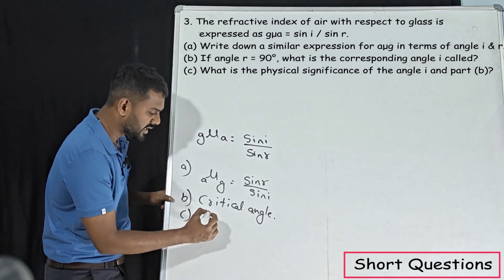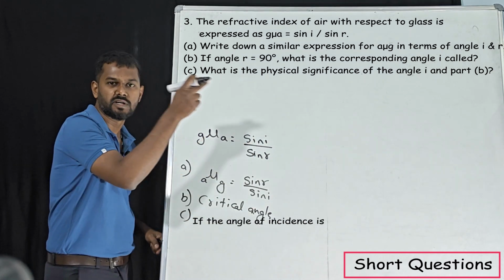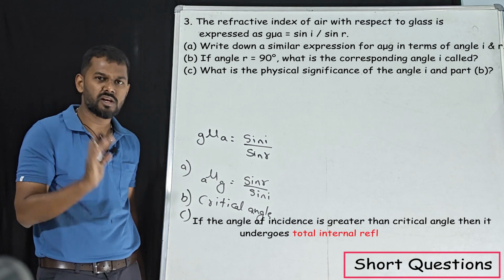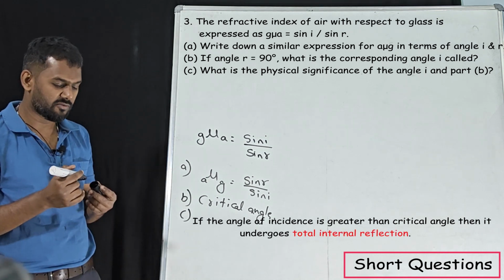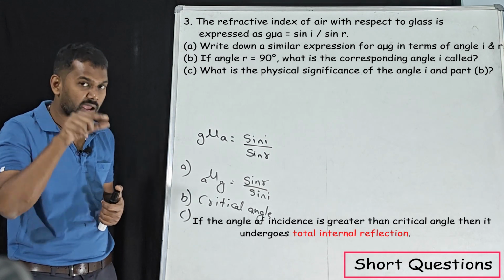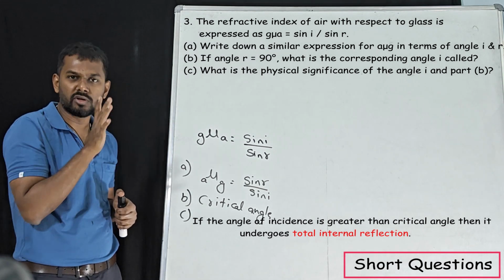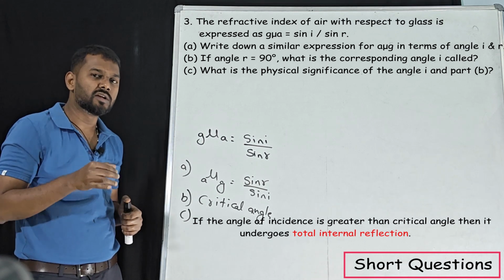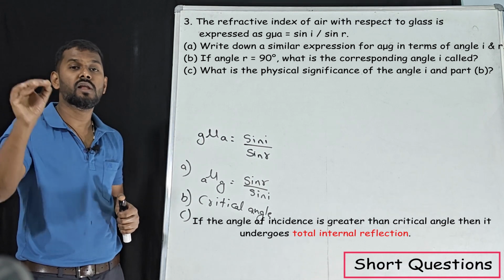If the angle of incidence is greater than the critical angle, it undergoes total internal reflection. This is the physical significance. So whenever they talk about physical significance related to angle of incidence, this is what you are going to write: if the angle of incidence is greater than the critical angle, it undergoes total internal reflection.